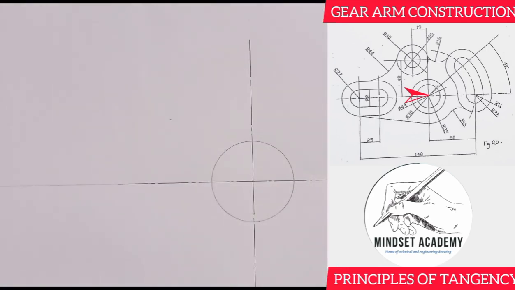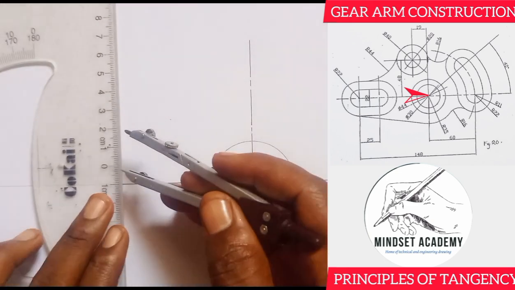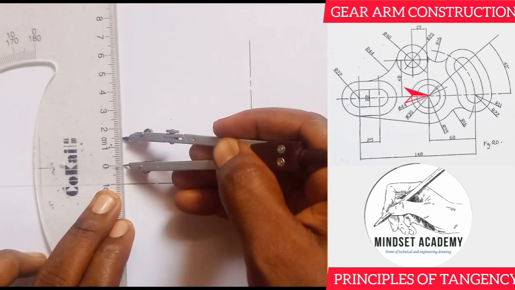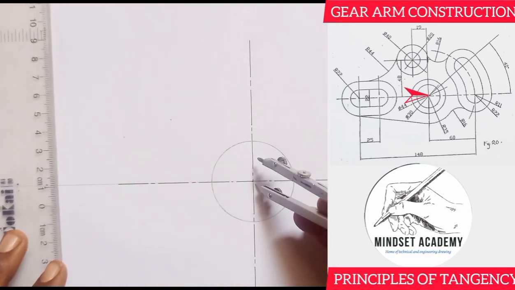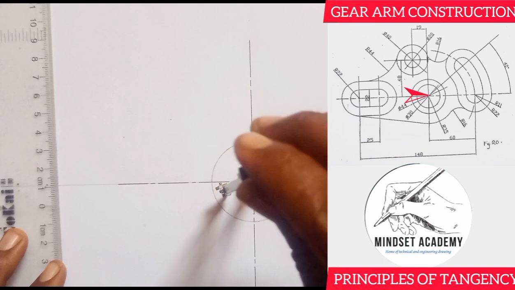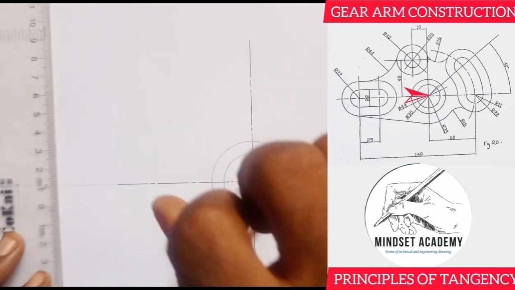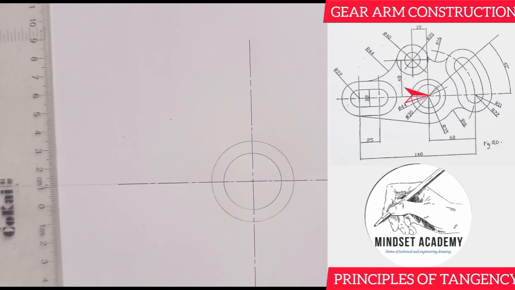You can see that. Now the other one in is 15 because the diameter is 30, so I'll measure 15. This is 15 here, and I'll come here and do the same thing. So this is what we have there.